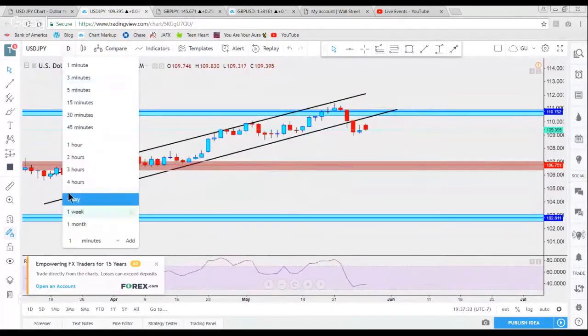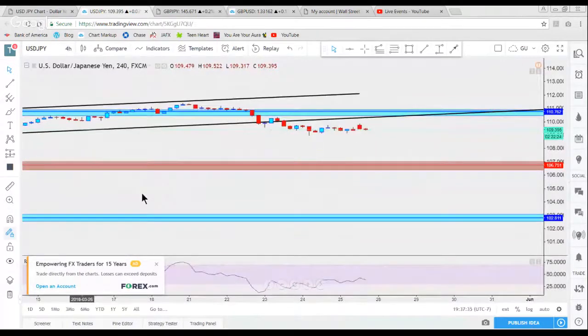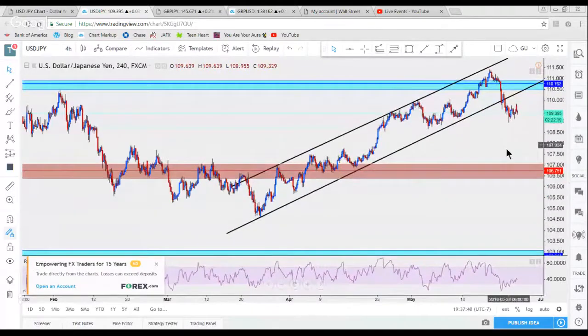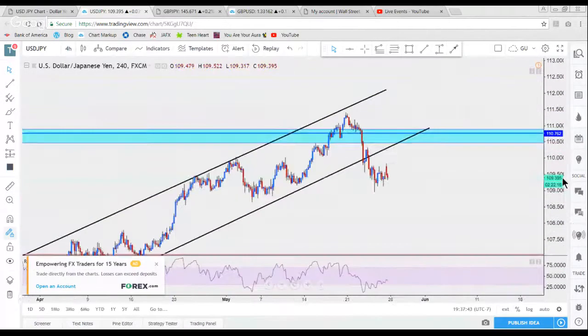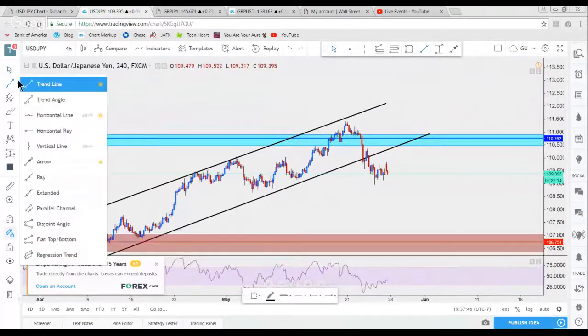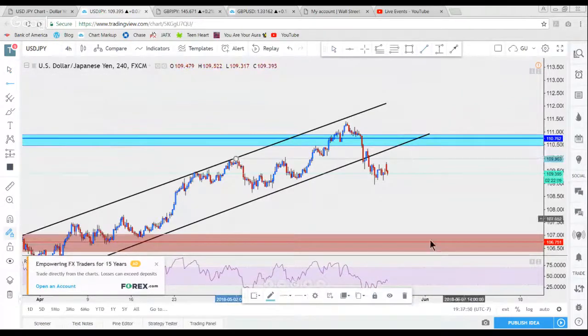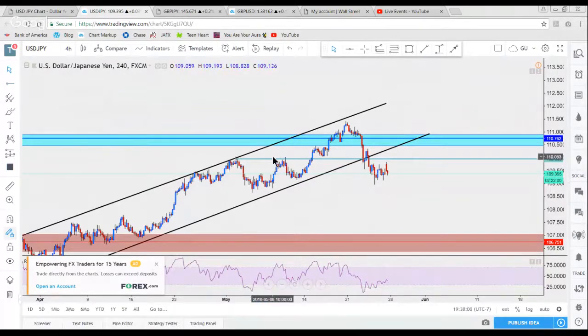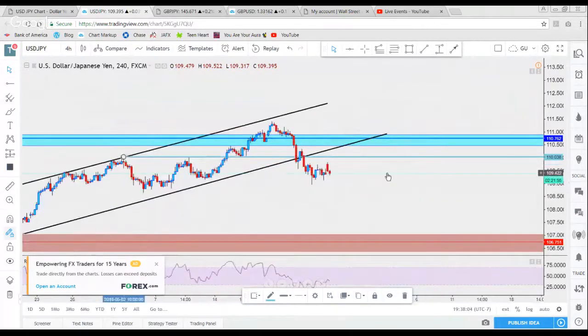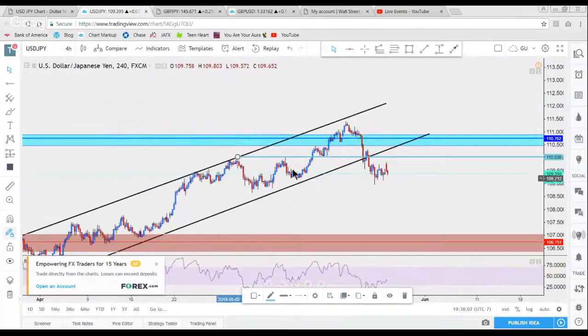The reason why I say that is because when we go to the 4-hour, and I spend a lot of my time on the 4-hour with UJ, if you look at this on UJ, this could be a possible head and shoulders formation if price were to go to right here.